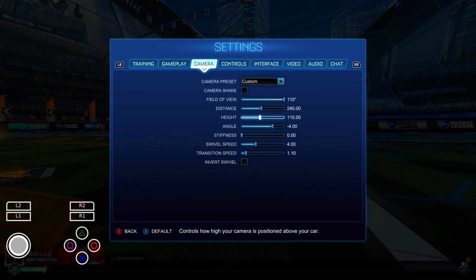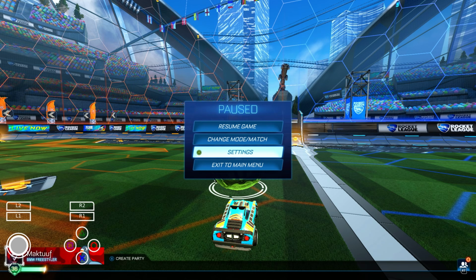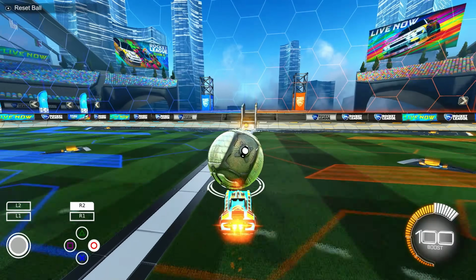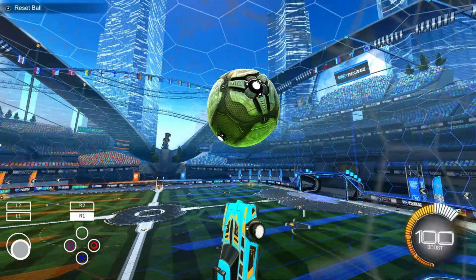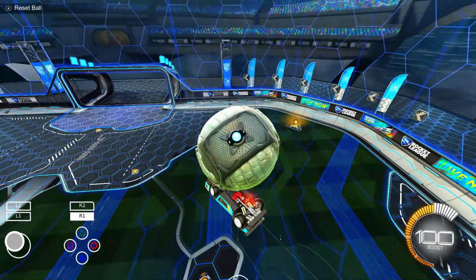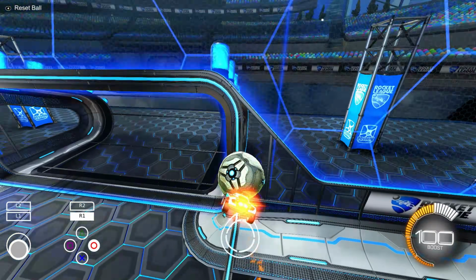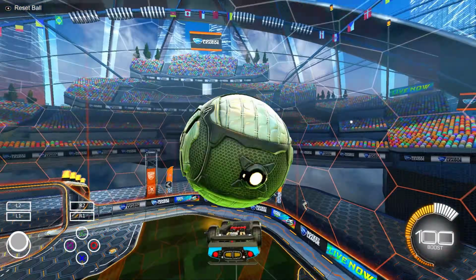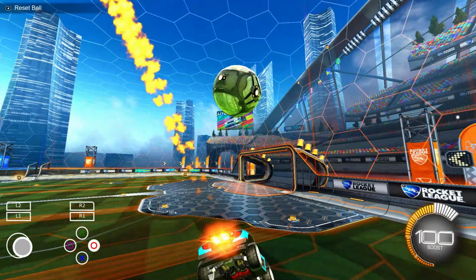So let's say we have a very high camera setting, and there's something that a lot of people do. And many people don't understand why the resets are so hard to get. And it's sometimes because with such high camera settings, you get this insanely snappy camera. And you can see that I get so much camera shake.